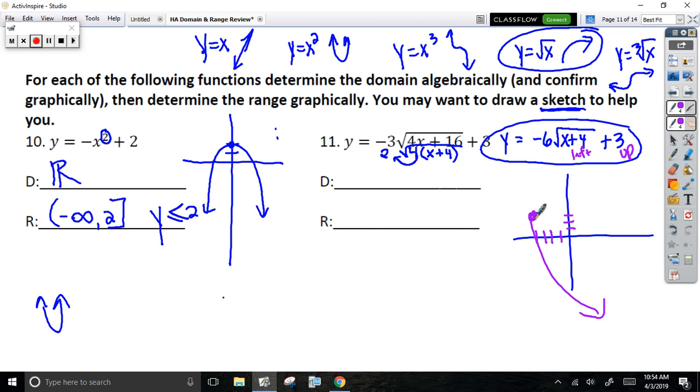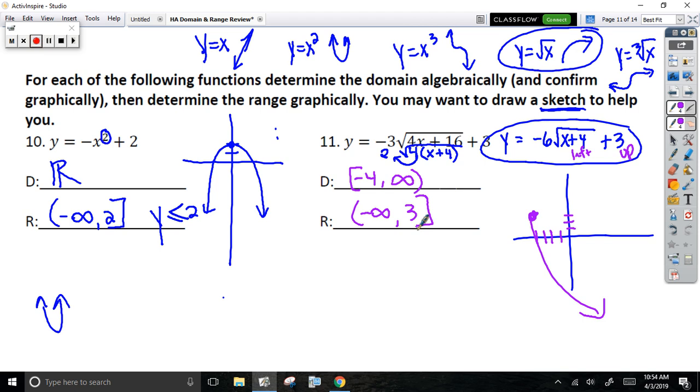Negative 4. Yeah. It goes forever, right? Infinity. Or x is greater than or equal to negative 4. Range. Bottom to top. Joey? Negative infinity to 3. Negative infinity to 3. Perfect.